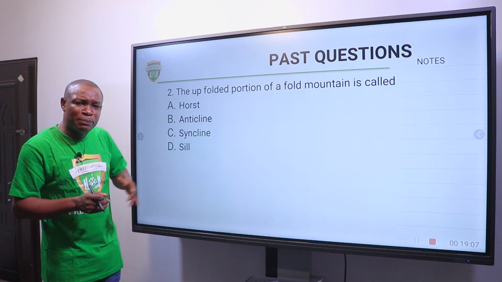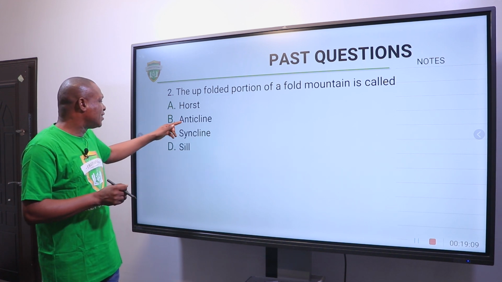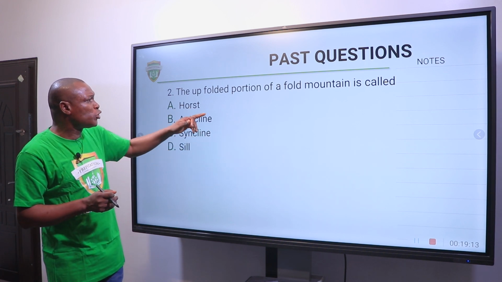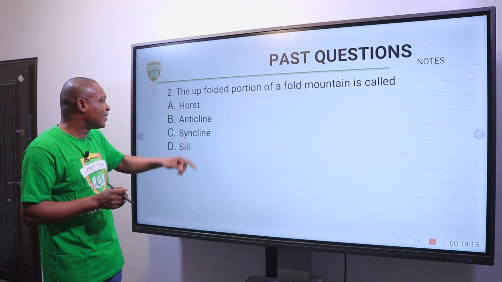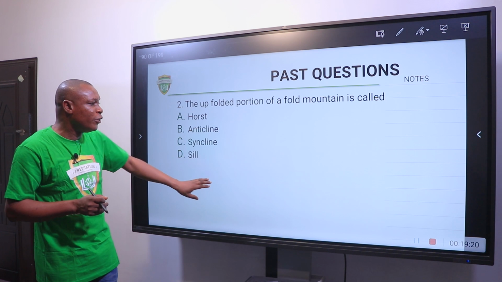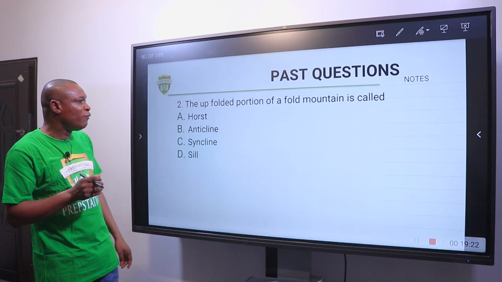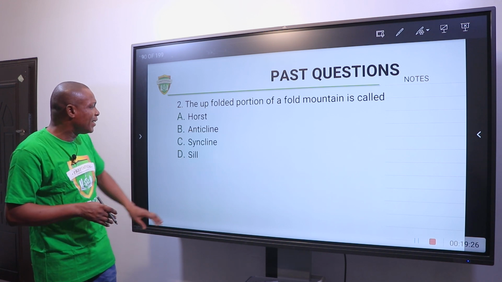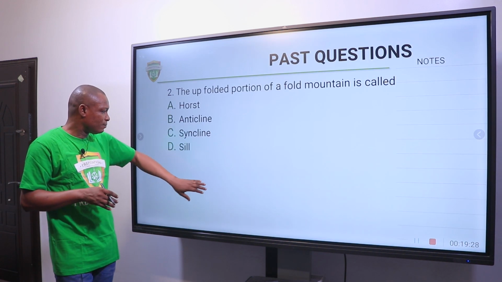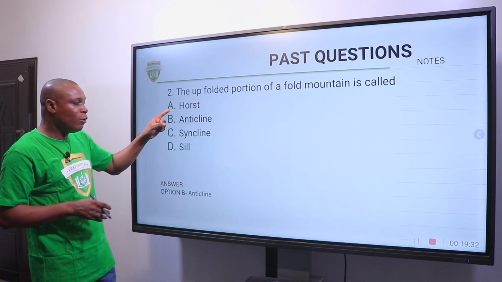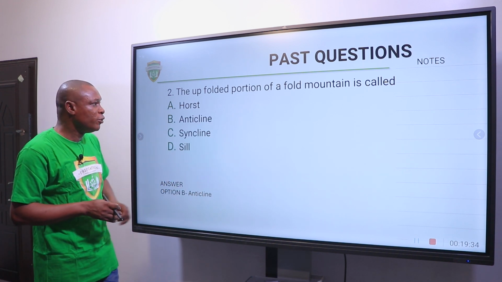So we have to contemplate our answer between anticline and syncline, B and C. The upfolded portion of a fold mountain, the right answer is anticline. Anticline is the upfolded portion of the fold mountain, and then the downfolded portion is the syncline.